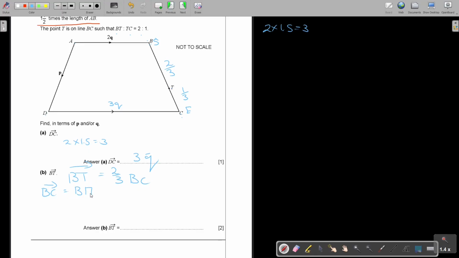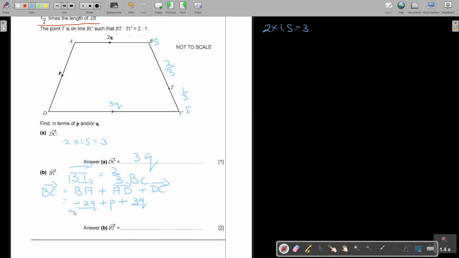If you go BA plus AD plus DC. So what is BA? It's minus 2Q. What is AD? It's plus P. And what is DC? It's plus 3Q. And then let's simplify this first.